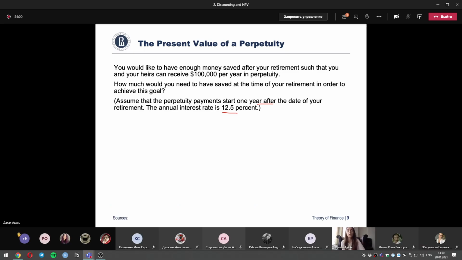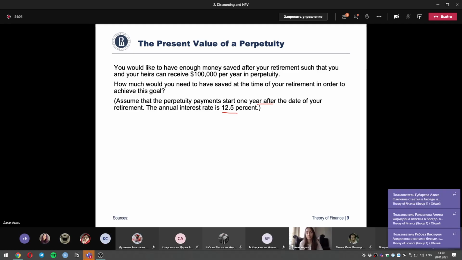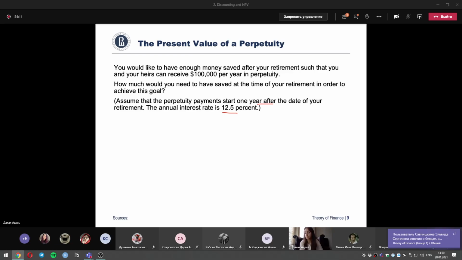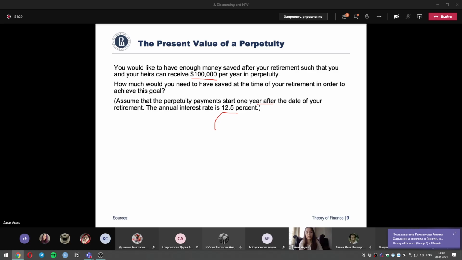Maria, please. Go on. Okay. We must find the present value, and for it we must divide 100,000 by 0.125, and then we receive $800,000.